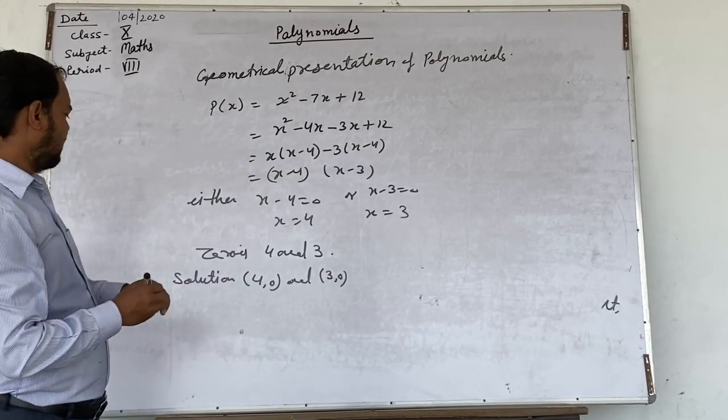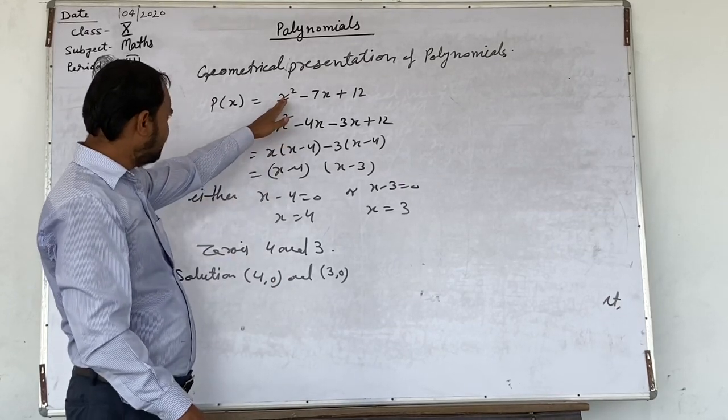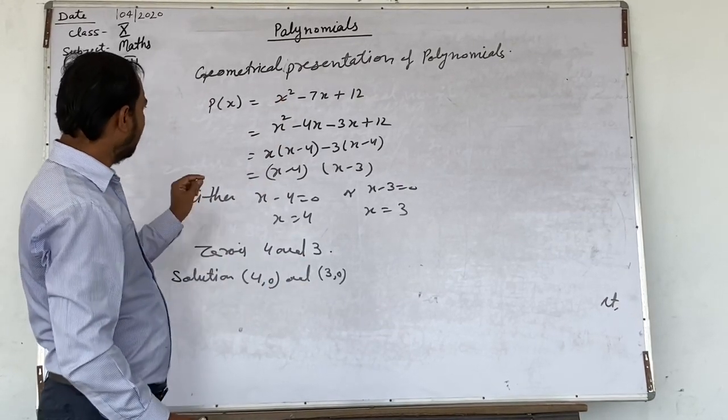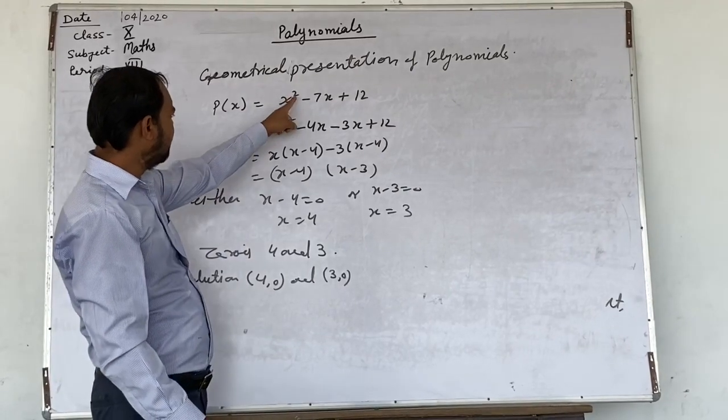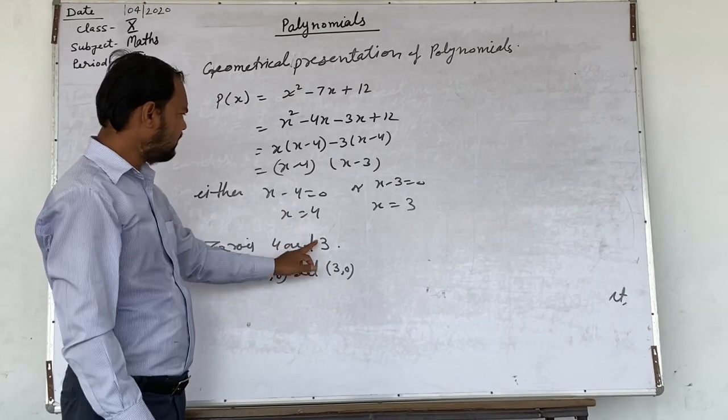If you like to represent this on a graph, one more thing you can see here: what is the degree? 2. So how many zeros do you have? 2 zeros, 4 and 3.